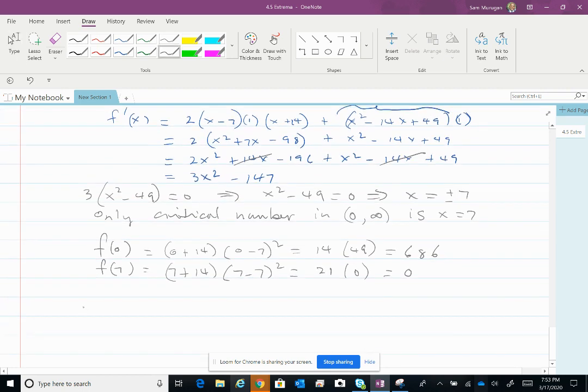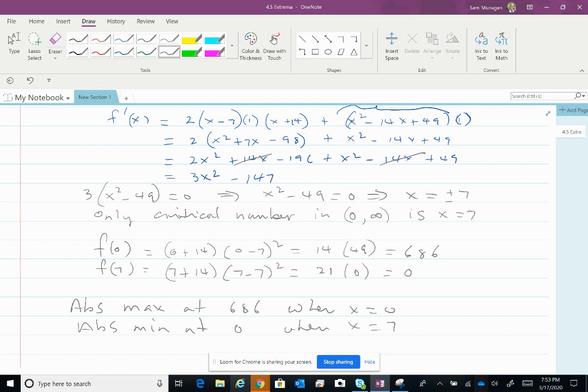So here you can see we have an absolute maximum at 686 when x is equal to 0, and an absolute min at 0 when x is equal to 7. I hope you guys can see the extreme value theorem work here, that it must have an absolute minimum and an absolute maximum so long as it's inside of that closed interval.